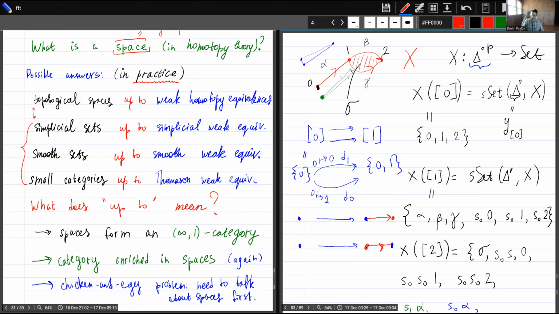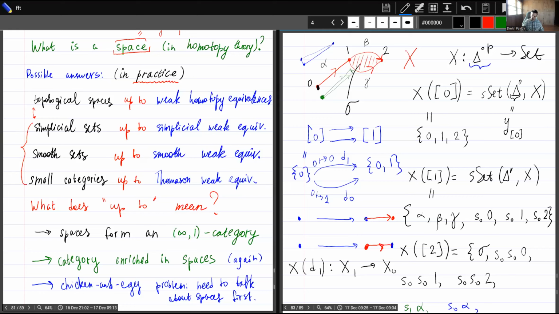Now, if we ask ourselves, what does the functor x do to, say, D0 and D1? So let's start with D1. This will be a map from x1 to x0. And here I am abbreviating x evaluated at 1 to x with a subscript 1. And this is a map from edges to vertices. And geometrically speaking, it should start with a map from an edge to x and compose it with the map that sends the only vertex here to the initial vertex here.